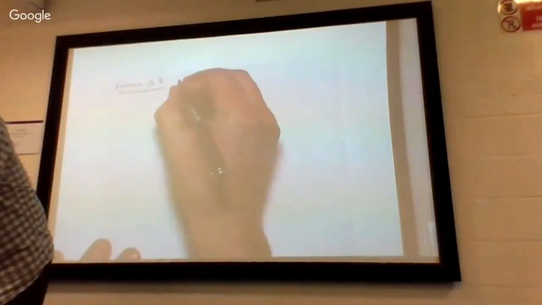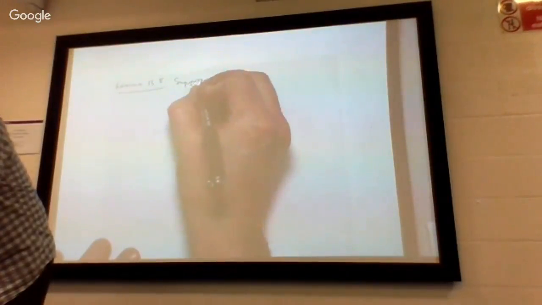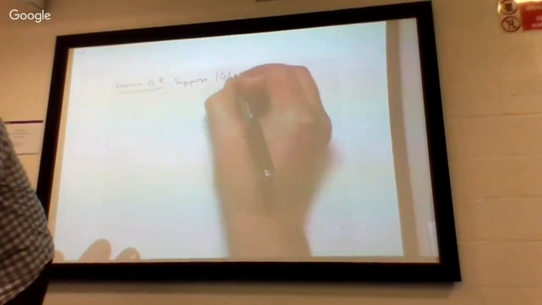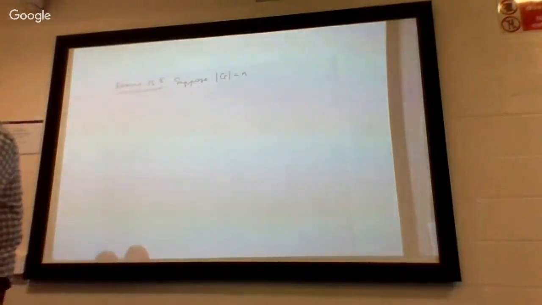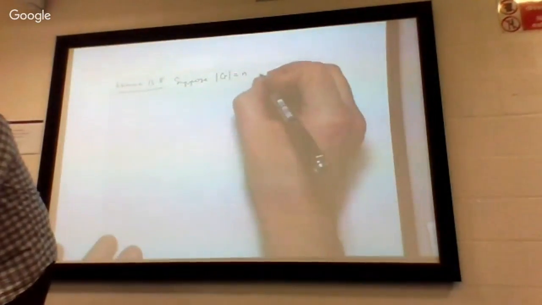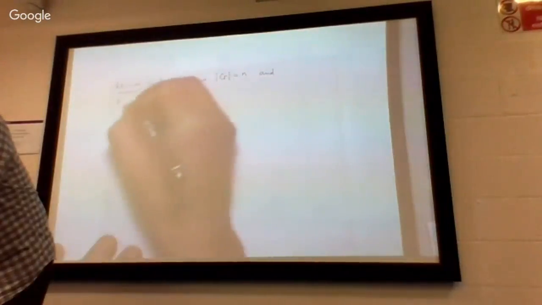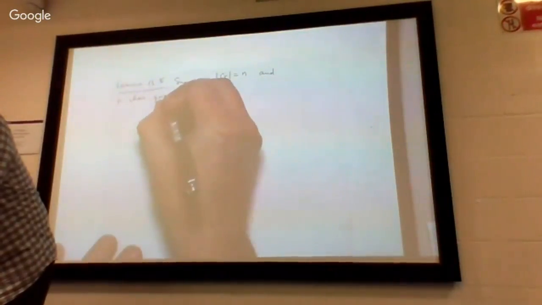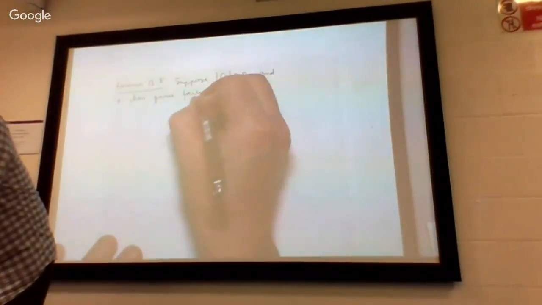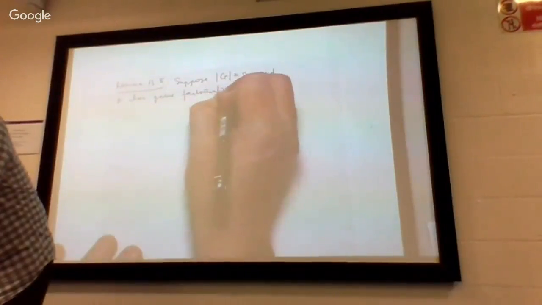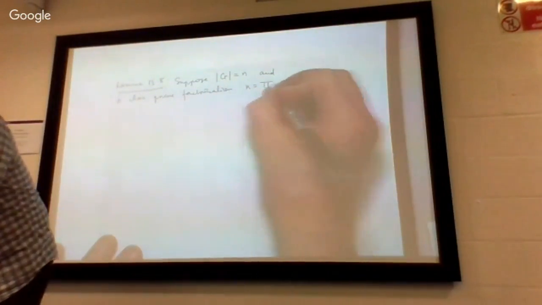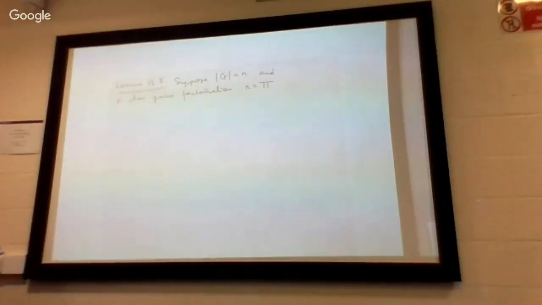Okay. So suppose G has order n, a finite abelian group, I keep saying that, and n has prime factorization n equals the product for i equals 1 up to k of p_i to the alpha_i. Just respect the index in here.